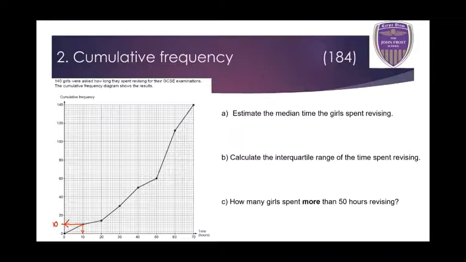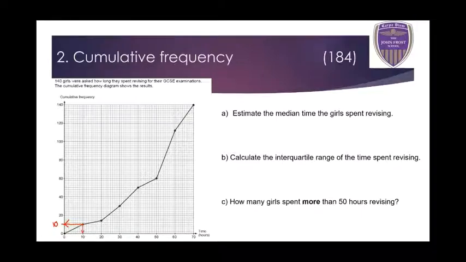That tells me that 10 people have revised somewhere between 0 and 10 hours. I can't tell you how long any one person exactly revised for, but 10 people revised between 0 and 10 hours.